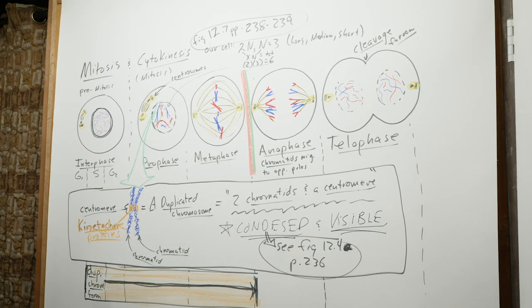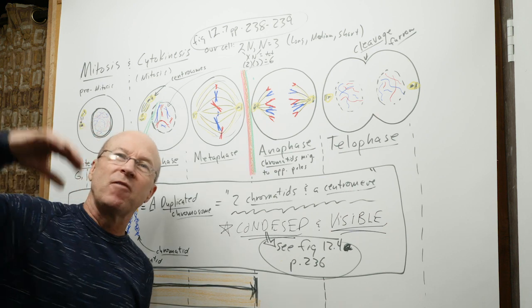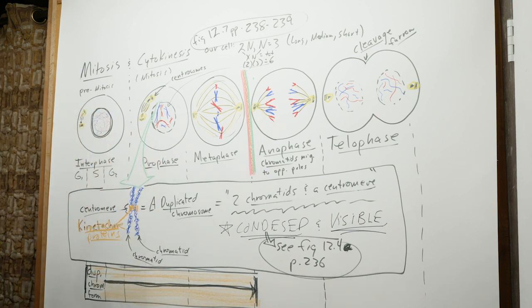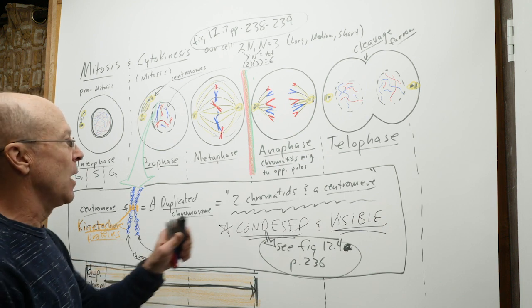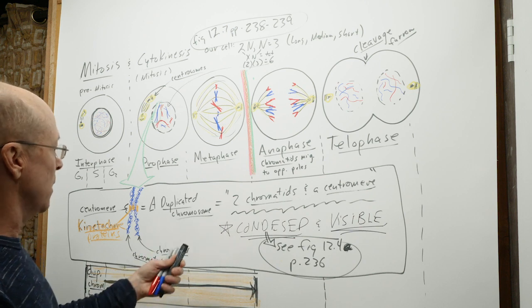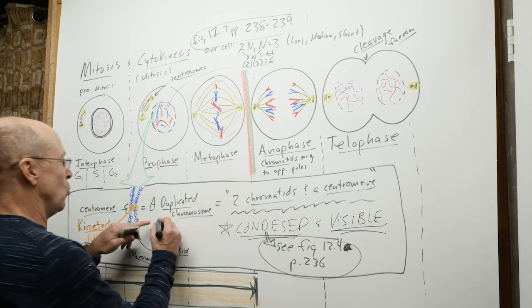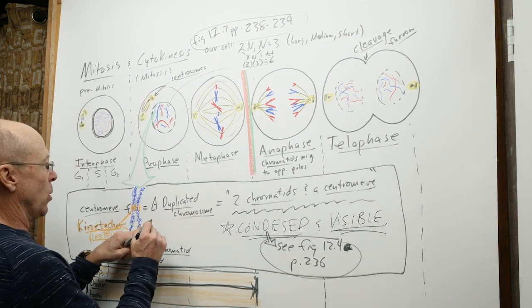Now, the most important thing for us is to wrap our brains around the concept of ploidy. No matter how you count it, a duplicated chromosome for ploidy is equal to 1. This is very important.